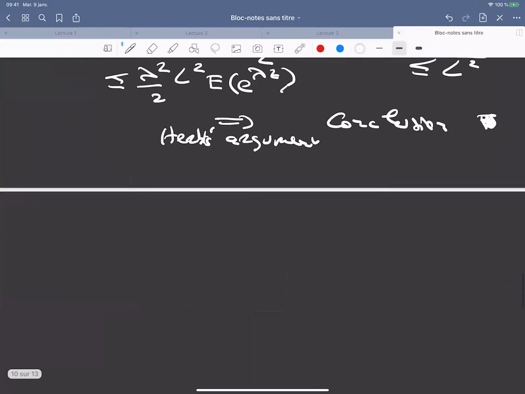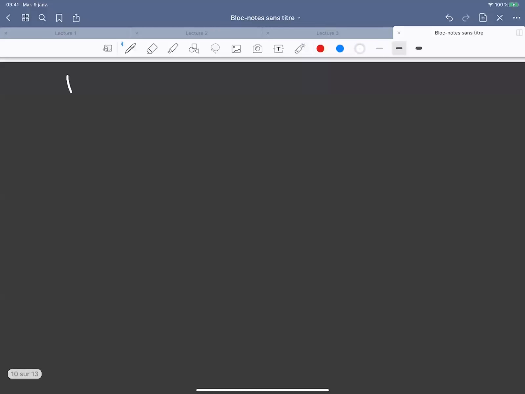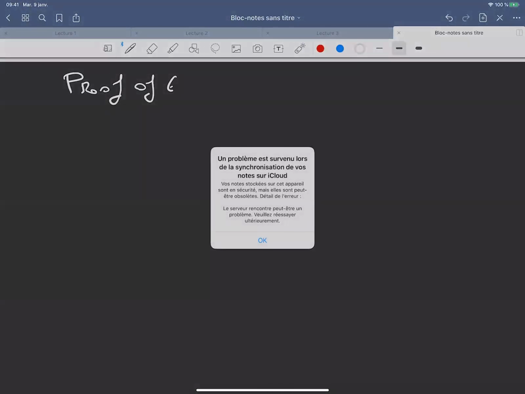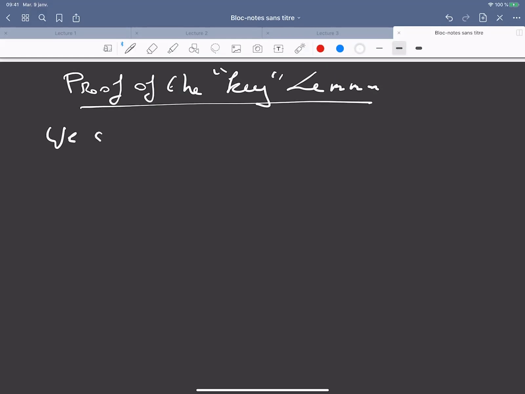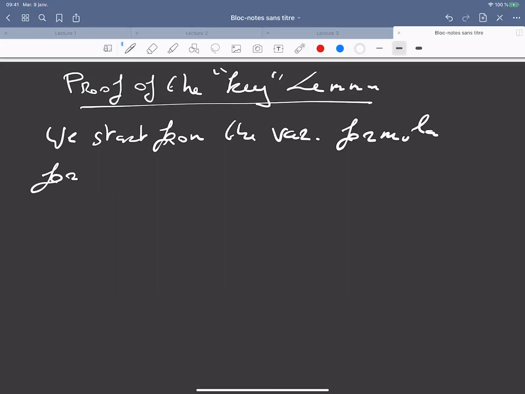So we turn to the proof of the key lemma. So we start from the variational formula for conditional entropy.